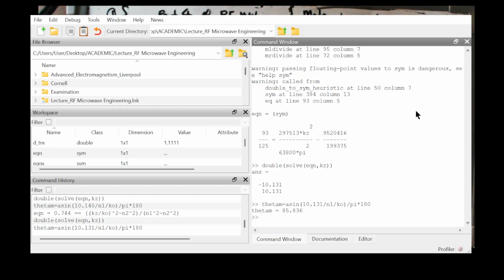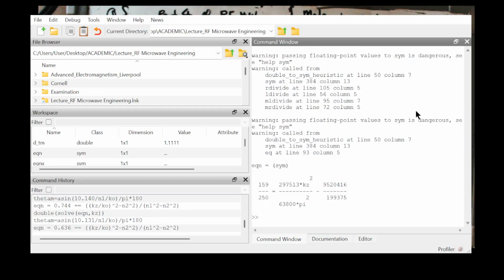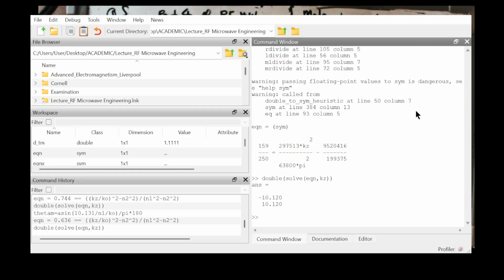And I'm going to look for mode 5, the value of B is 0.636. And then I'm going to solve for KZ.